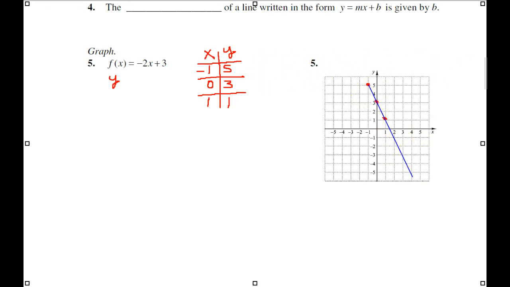Now, an interesting thing to note as we go here, we said that this was the slope and this was the y-intercept. So we went y equals mx plus b. So there's our slope, -2, and there's our y-intercept, 3. And we had said earlier that we indicate the y-intercept by (0, b).